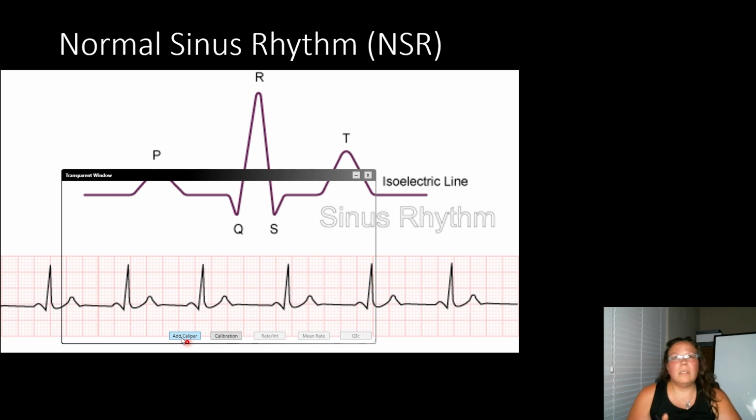I know we use Philips right now. We just switched over. We used to have Draeger, and even the old Draegers from caveman times had electronic calipers built into the system. So take a look at that. Take a look at wherever you're at. Even if you're at a hospital doing clinicals, just pick the mind of someone. Say, hey, can you just show me where the calipers are? And you can pull someone's rhythm up and just kind of measure things out and march things out.